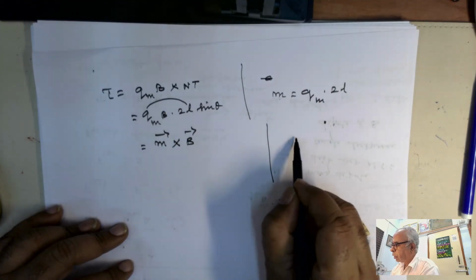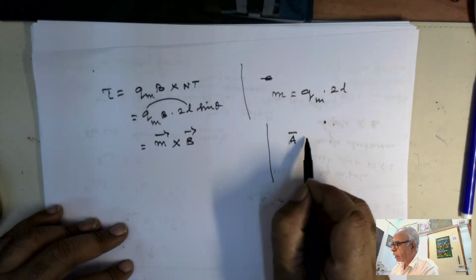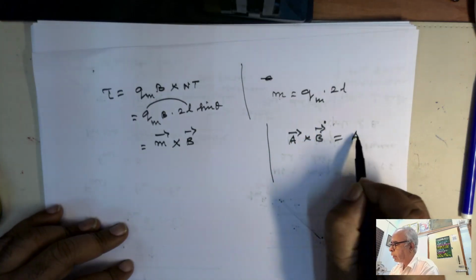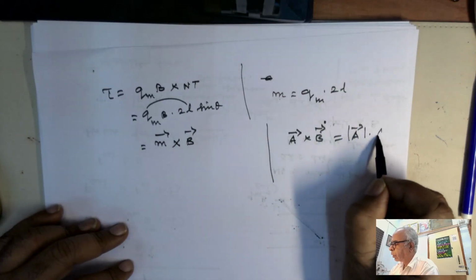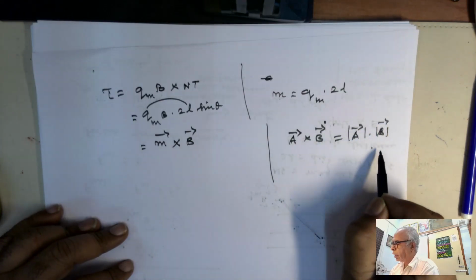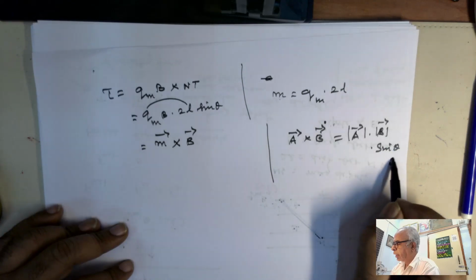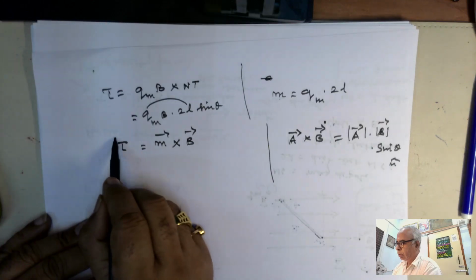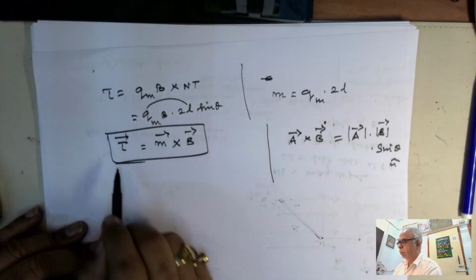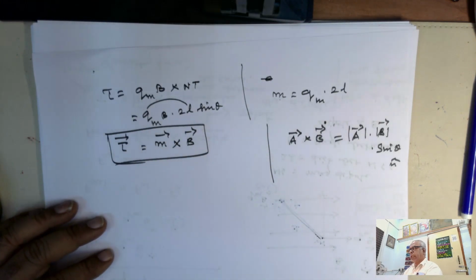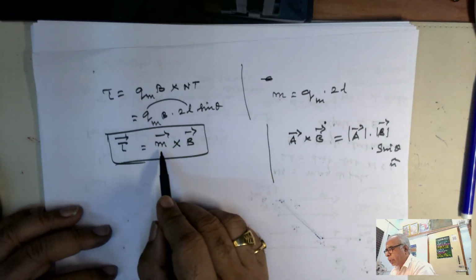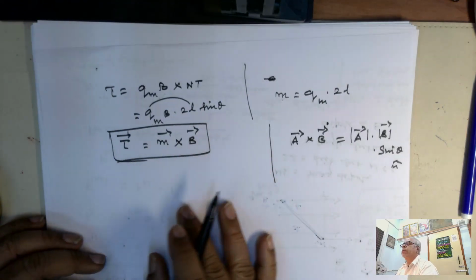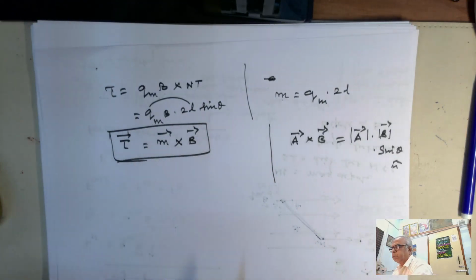Because we know A vector cross B vector is equal to modulus of vector A, modulus of vector B into sine theta into n cap. So based on that, we arrive at the tau vector as a cross product. So the tau vector is nothing but the cross product of dipole moment vector and the magnetic field vector. So this is a very important equation.